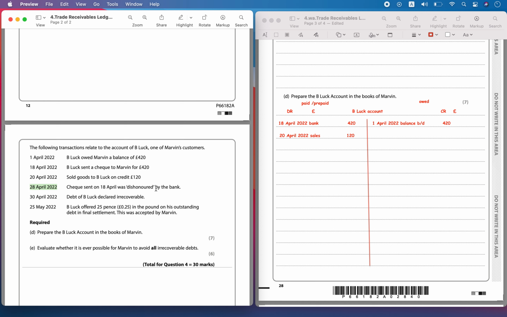And then on 28th April the check sent was called as dishonored by the bank. Probably he didn't have money in the BLUC account, and so the bank declared it as dishonored.